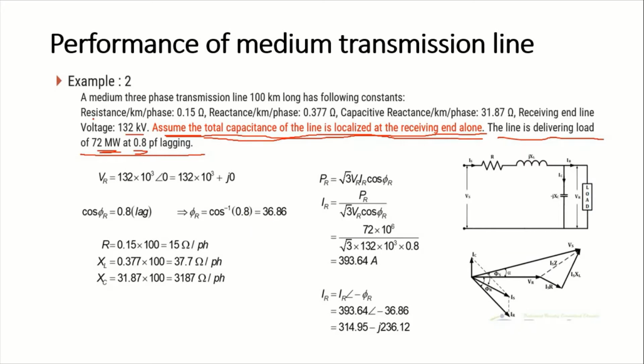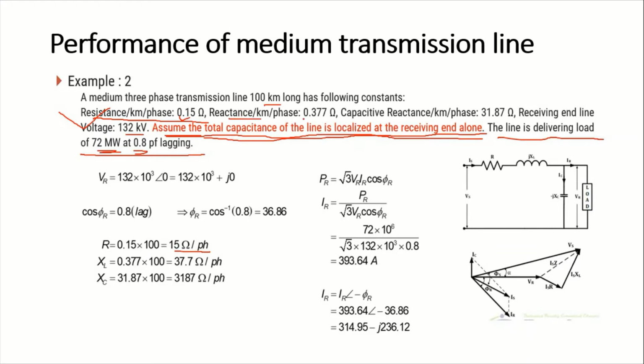Its value is 36.86 degrees. Now the resistance per kilometer per phase is 0.15 and the length of the transmission line is 100 kilometer, so we find the resistance per phase by multiplying by the length of the line. So 0.15 into 100 is equal to 15 ohm per phase.